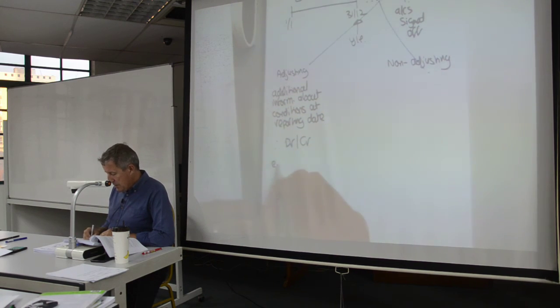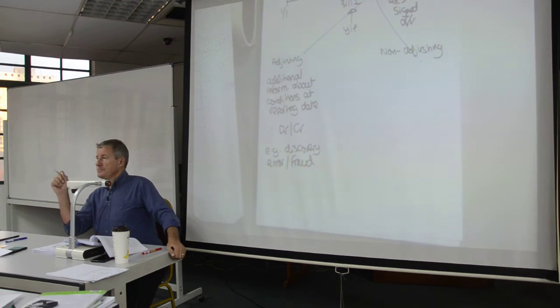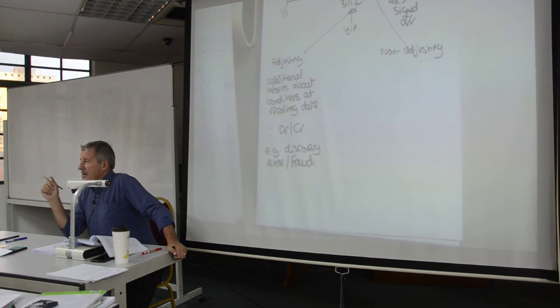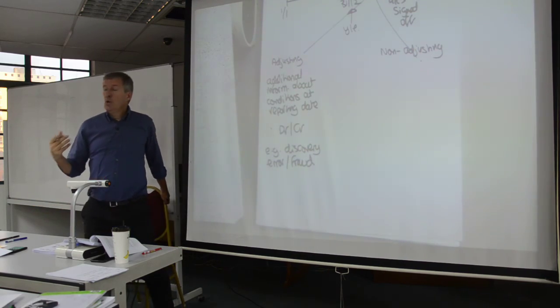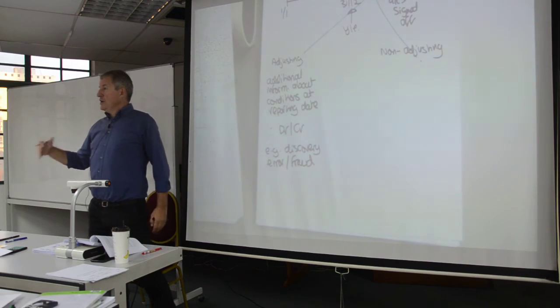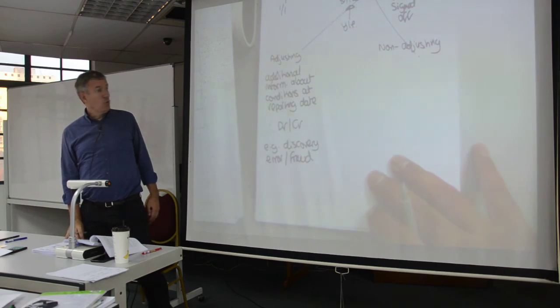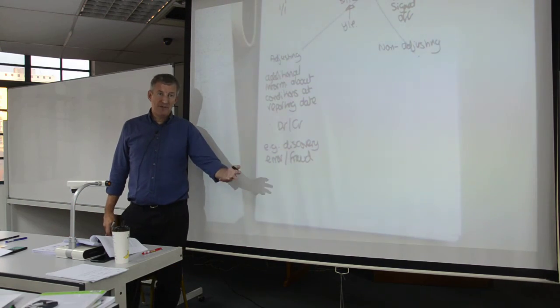A simple classic example is the discovery of error, the discovery of fraud. If during the year you bought a painting, or if during the year you bought an investment, the auditor in January or February may ask to see the painting or may ask to see the share certificate.